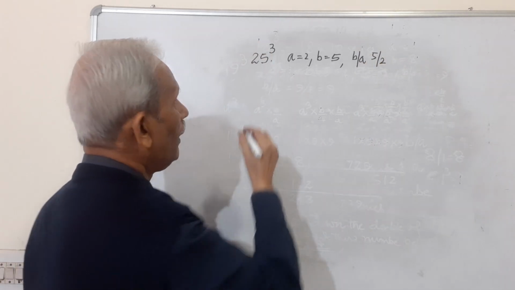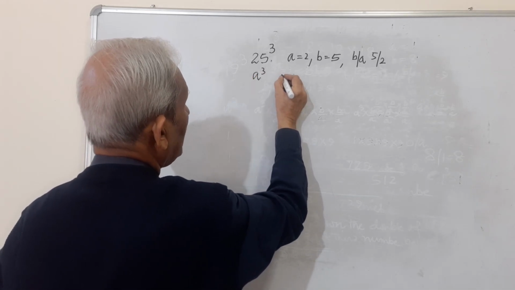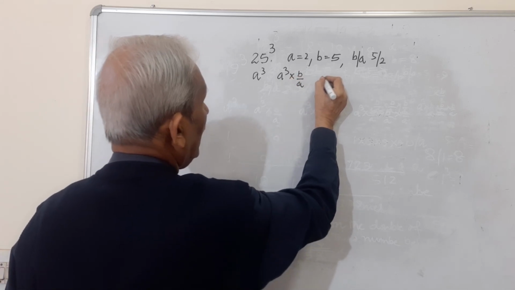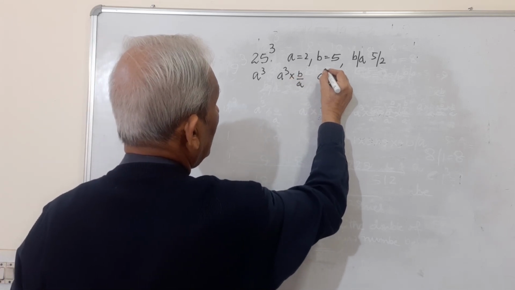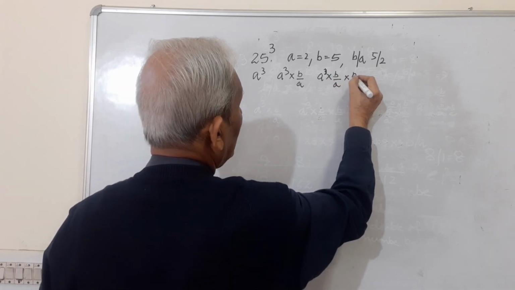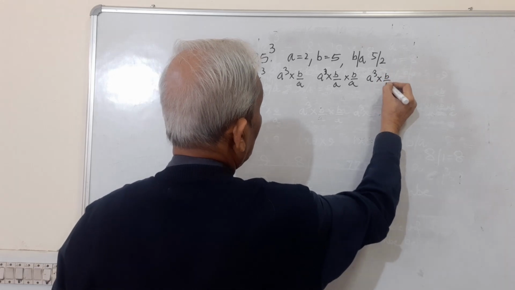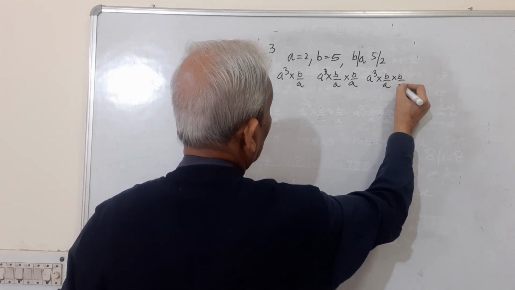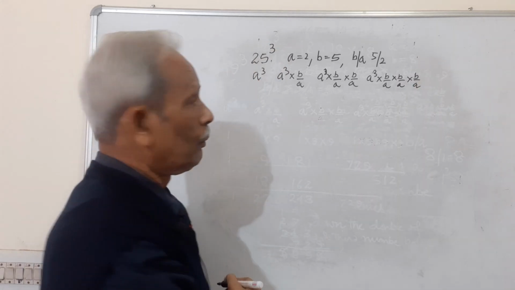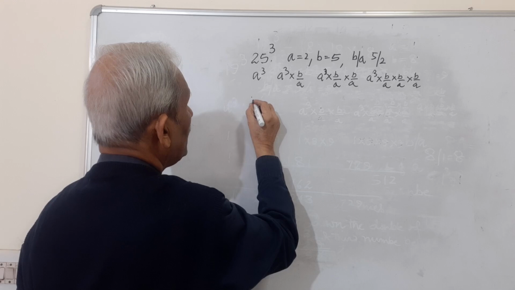Let us do it. First you write down a cube, then a cube into b by a, then a cube into b by a into b by a, then a cube into b by a into b by a into b by a, 3 times. Okay, so what is the result here? a cube is 2 cube, 2 cube is 8.